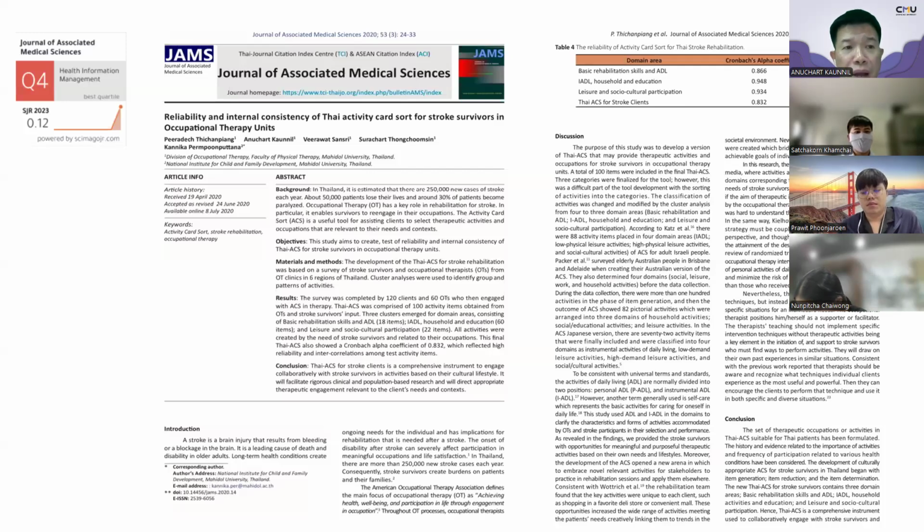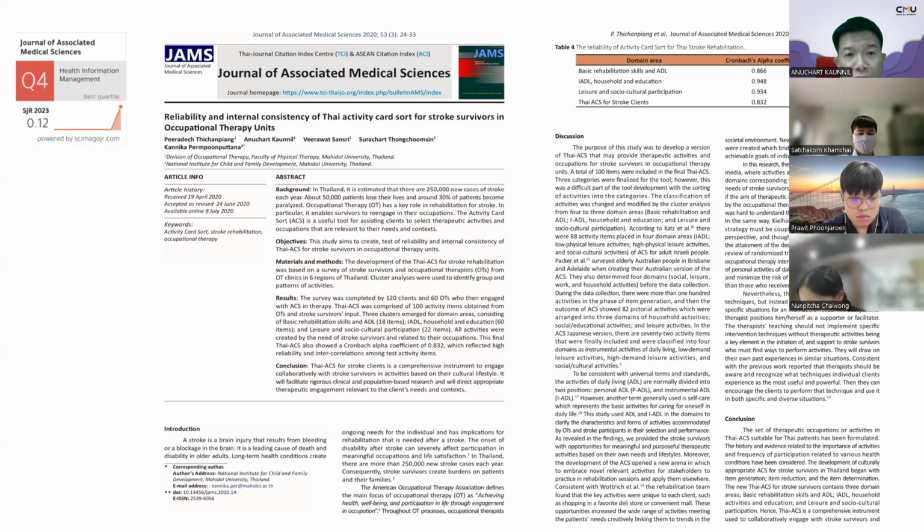This is, for example, my research on reliability and internal consistency of the Thai Activity Card Sort for stroke rehabilitation, for stroke survivors in the occupational therapy unit. At that time, we made the ACS, or Activity Card Sort for stroke. I picked clients with stroke from a regional hospital, a small branch of OTMCS Thailand.